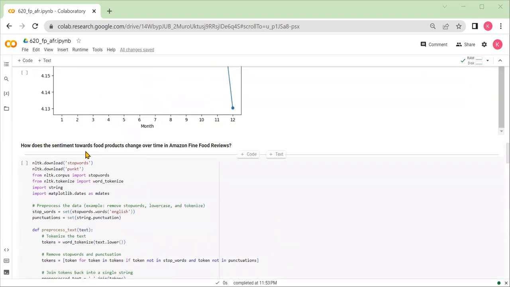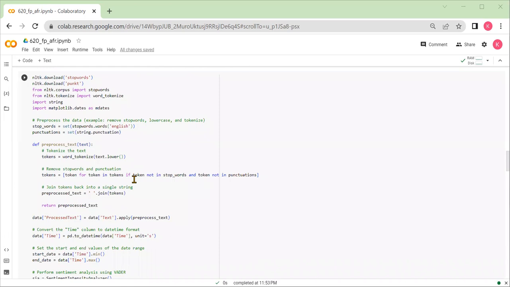Now, moving on to our first research question, which is: how does the sentiment towards food products change over time in Amazon Fine Food reviews? Firstly, we did some data processing and imported necessary libraries.